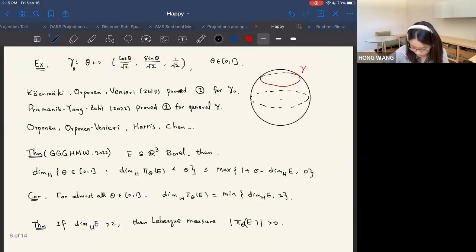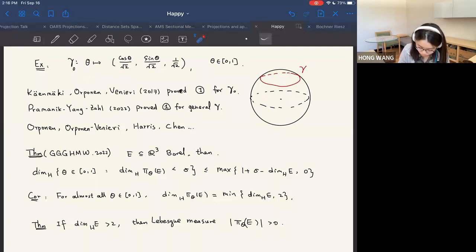A typical example is this gamma naught, a small circle defined by theta maps to cosine theta over square root of 2, sine theta over square root of 2, and then 1 over square root of 2. So it's here. This is gamma naught, a typical example of a non-degenerate curve.